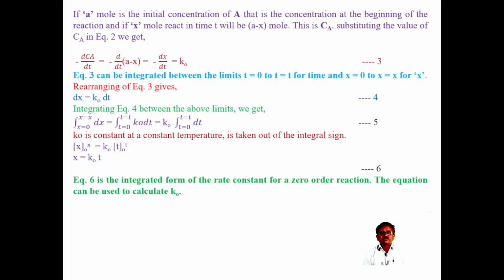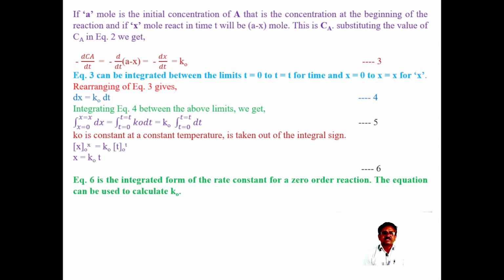Now, if a mole is the initial concentration of A, that is the concentration at the beginning of the reaction, and if x mole reacts in time t, the remaining will be a minus x mole. This is CA.